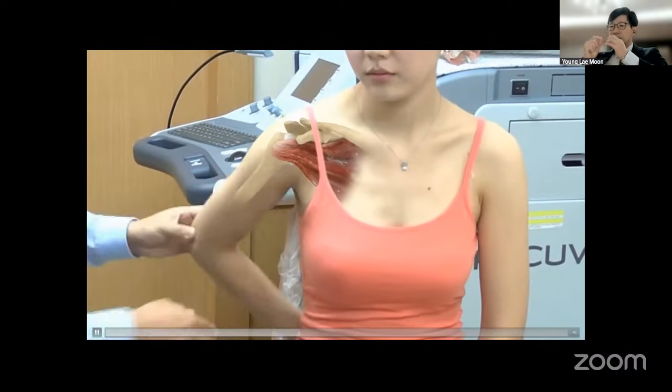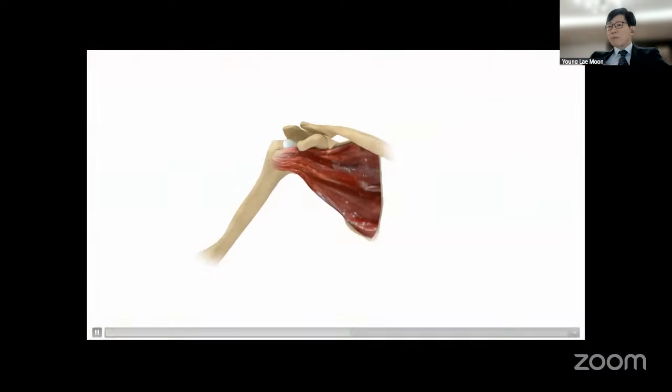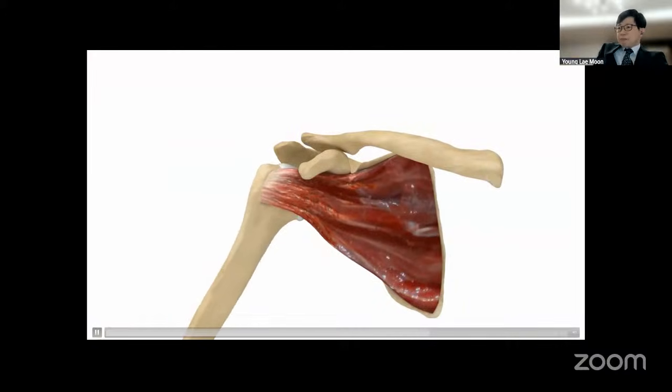A positive test shows the elbow dropping backward or excessive wrist flexion, like this. The specificity is around 98%.